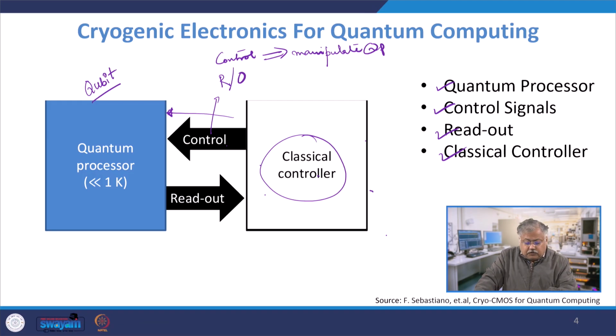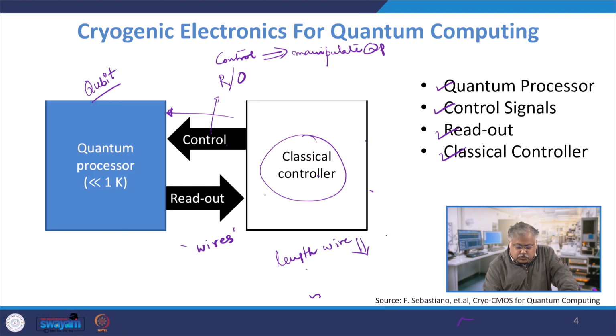Now, these control signals and readout signals will be carried by wires, and these wires will be going across the region where the classical controller and the quantum processor meet each other. It is expected that the length of these wires is kept as small as possible so that its contribution to the overall dynamics is minimized.